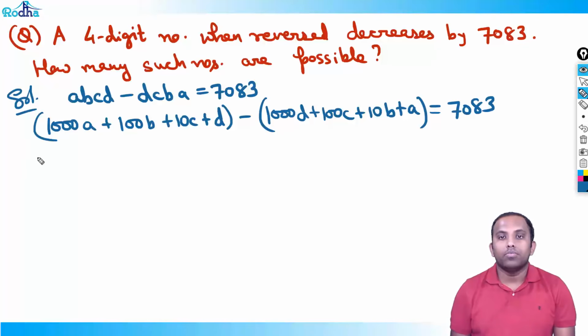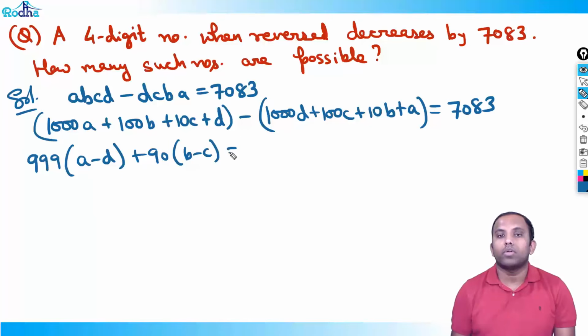Okay, so it is like 999 into (A minus D) plus 90 into (B minus C) is equal to 7083, right?